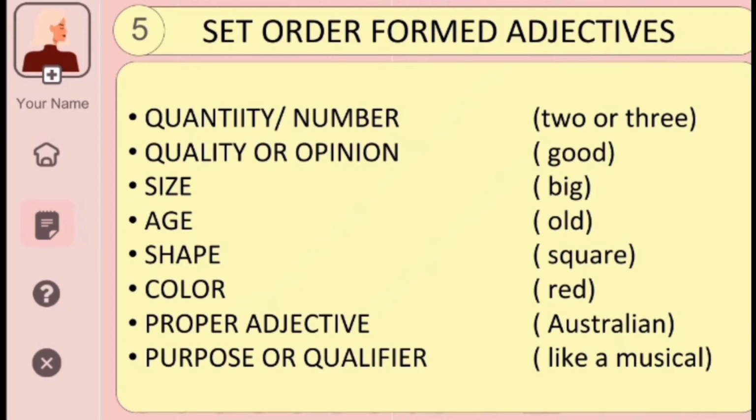I have some examples here. The 6 little round red tennis balls, and then tennis balls is the noun, and the tennis in tennis balls is a noun and not an adjective, so it's a noun modifier, so it's not part of this adjective phrase.